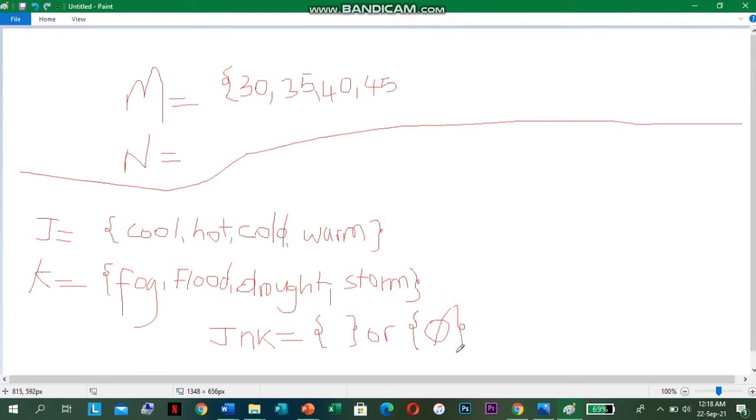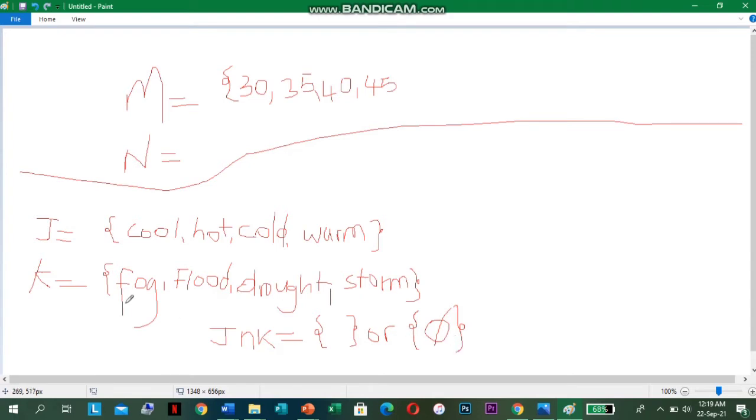See that? Good. So J equals cool, hot, cold, warm. K equals fog, flood, drought, storm. And you see that the intersection has nothing in common. Nothing that is in this set is in this set.